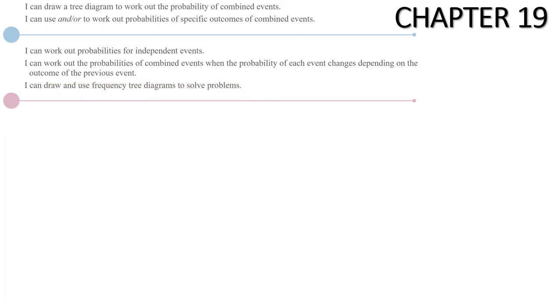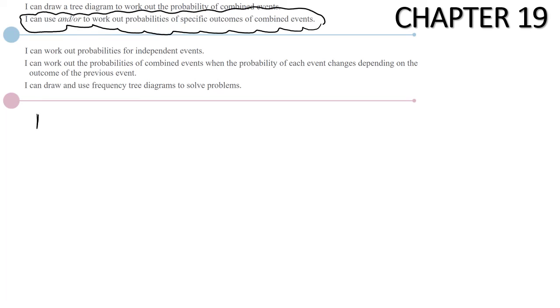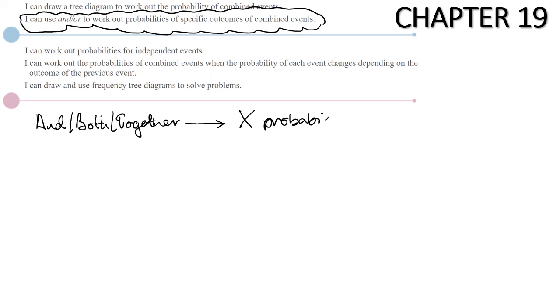So to recap and to maybe go over some of the other points we haven't looked at, if you see the word and or both together in a question, that would normally mean that you multiply the probabilities to get the answers. So you multiply probabilities. If you see the word or, something happens or something else happens, then you add the probabilities.